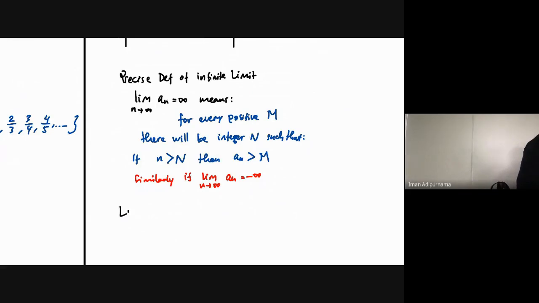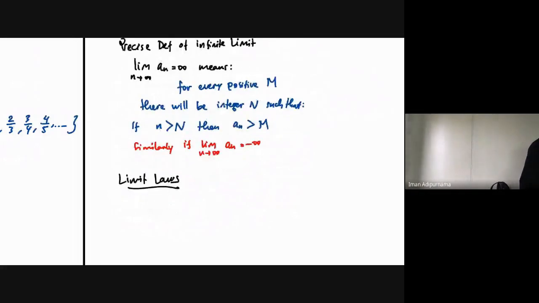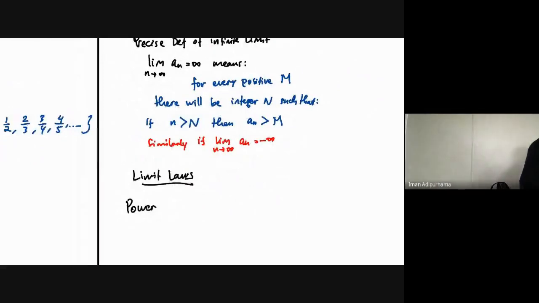And you also have the limit laws, but I think the limit laws are basically the same as in calculus one, so I don't need to review. Okay. Limit laws, maybe the power law.